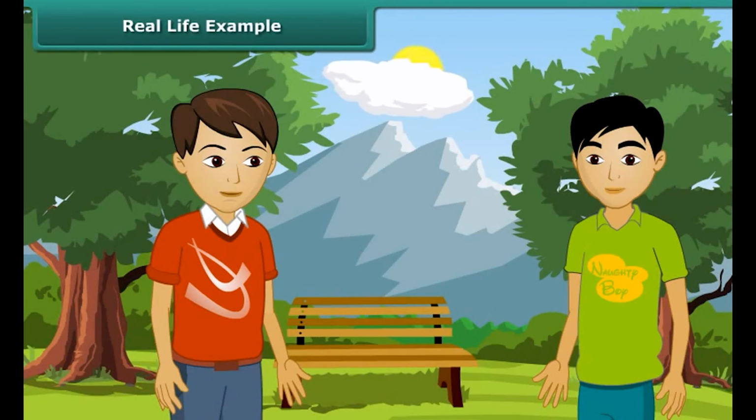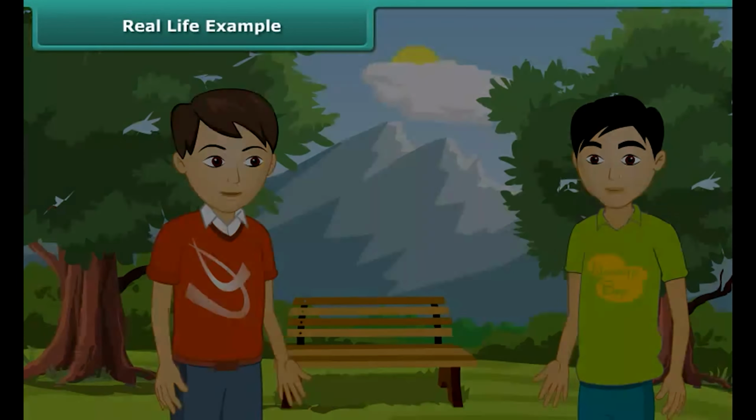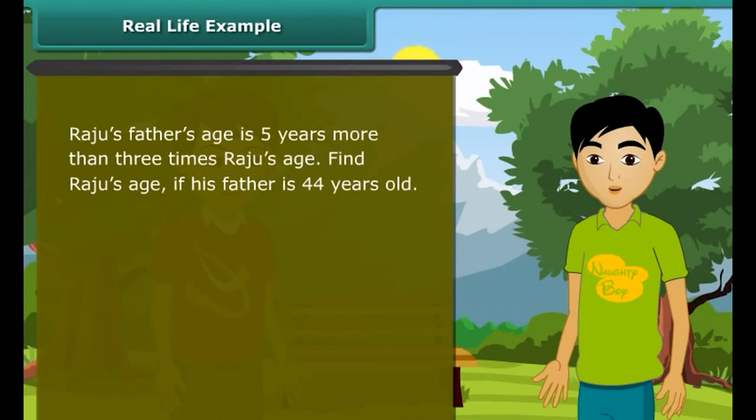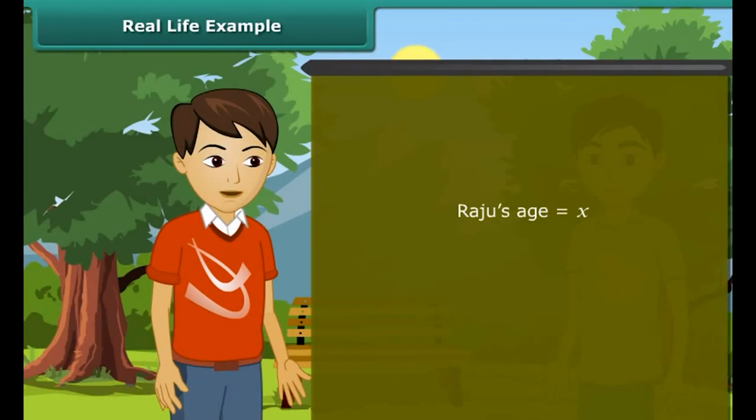There is one problem for you. Ask. Raju's father's age is 5 years more than 3 times Raju's age. Now find Raju's age if his father is 44 years old. We have to find Raju's age, therefore we will take it as x.